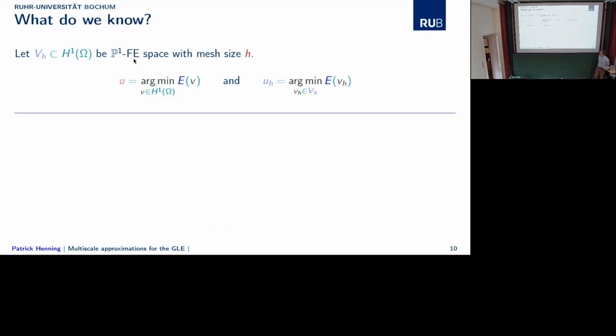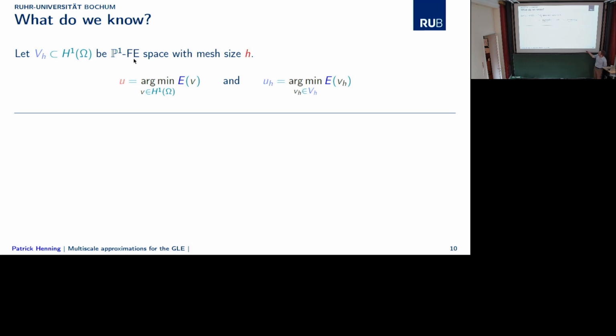Now, back to the question. So, what do we know? Of course, I told you this article is more than 30 years ago, so people must have looked into that problem before. And yes, of course. So let's say exemplarily we have a P1 finite element space. So we try to minimize the energy in that P1 space. We minimize it exactly in H1.